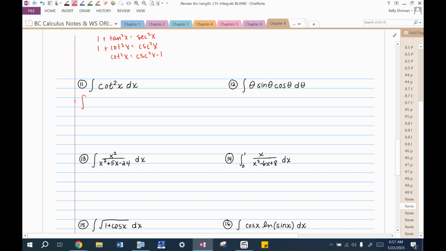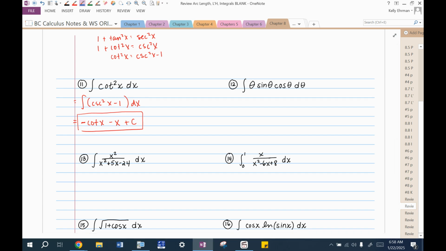So this is the integral of cosecant squared x minus 1. And that's helpful because cosecant squared is the derivative of something. It's the derivative of cotangent. So when I integrate this, I get negative cotangent because the derivative of cotangent is negative cosecant squared. And when I integrate minus 1, I get minus x plus c. No u sub needed because the angle was just x, so that's a nice easy one.